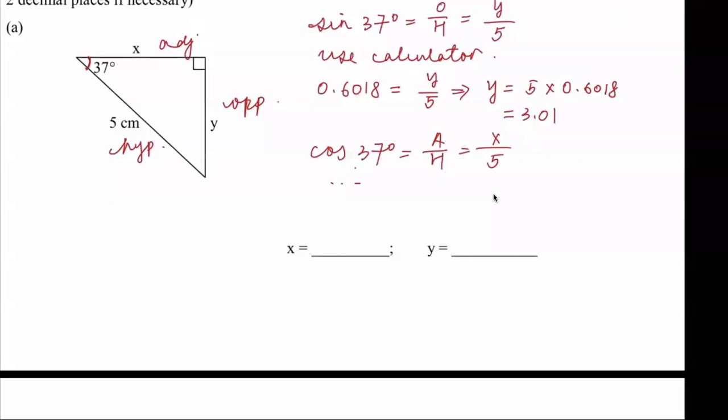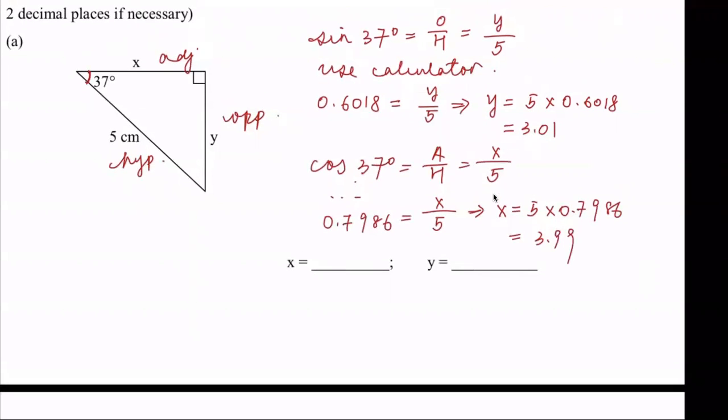Okay, so cos 37 degrees is equal to 0.7986. This is equal to X over 5. So this gives us X is equal to 5 times 0.7986, which is equal to 3.99.